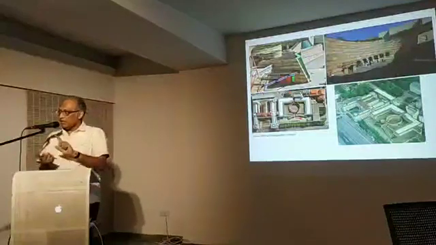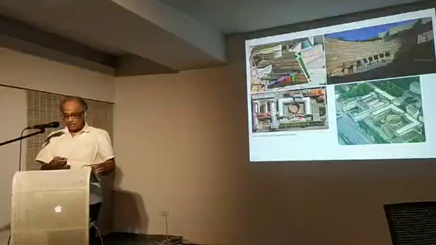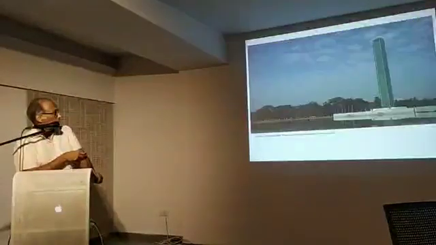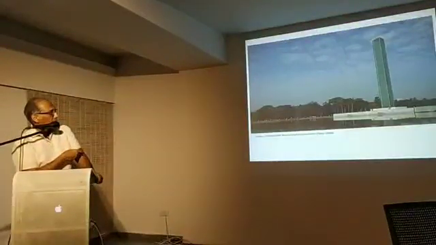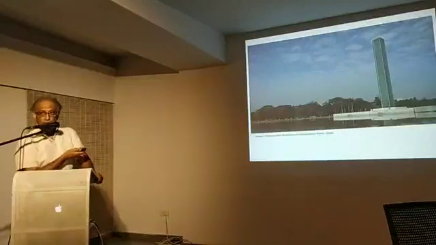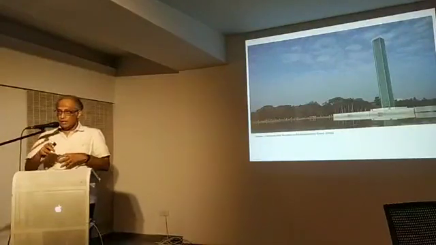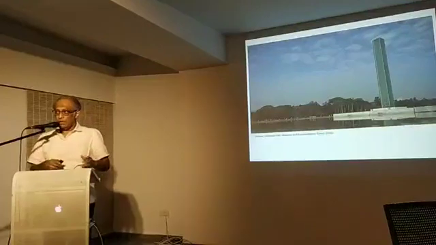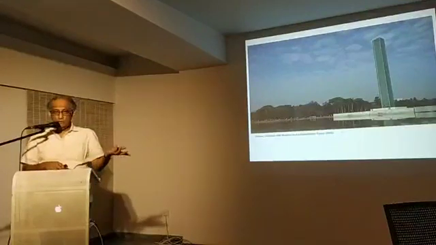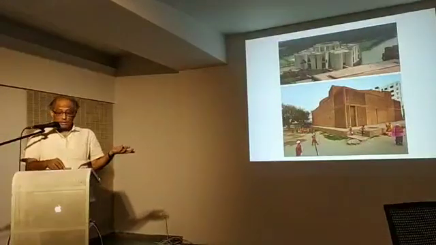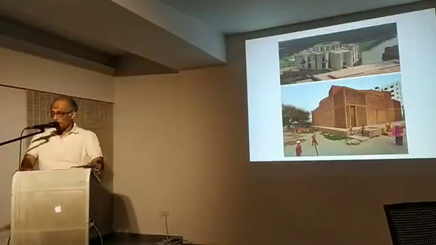So this is like an inversion of what is inside and outside. That's a beautiful idea. And so we have some examples where itineraries of movement, public and private, intersect. So I end here, and I started with this.